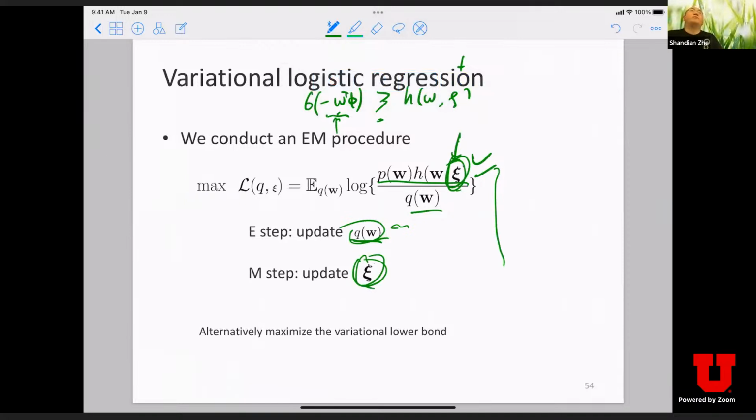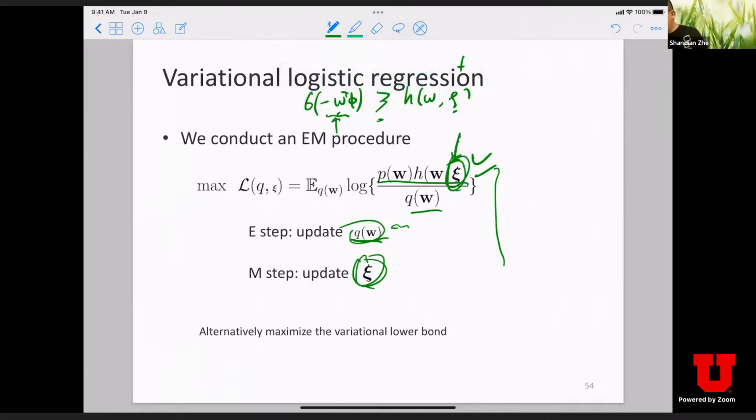W is a random variable, so W can take every possible value, just with different probabilities. Then if you want to make it equal for every W, your ξ should vary with W as well. But we won't be able to use an infinite number of ξ. That's too many. We cannot optimize ξ in that way.